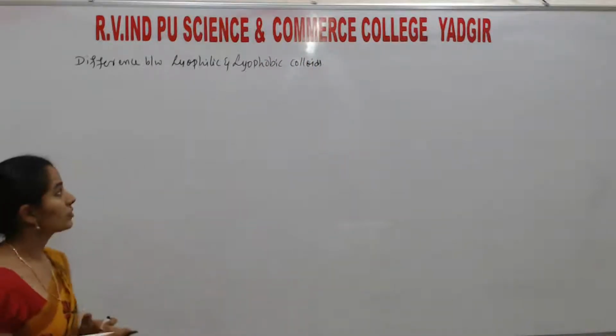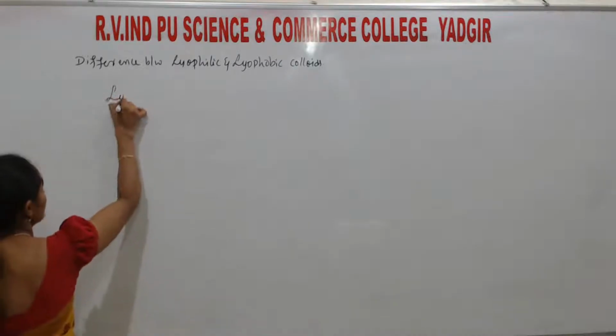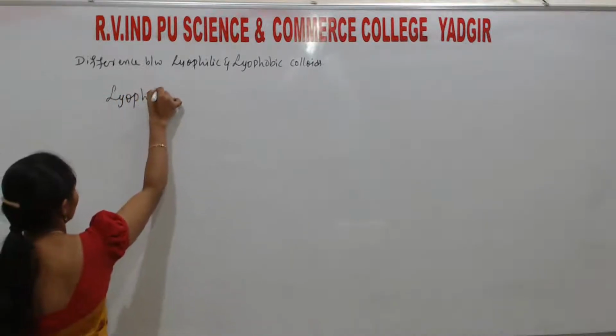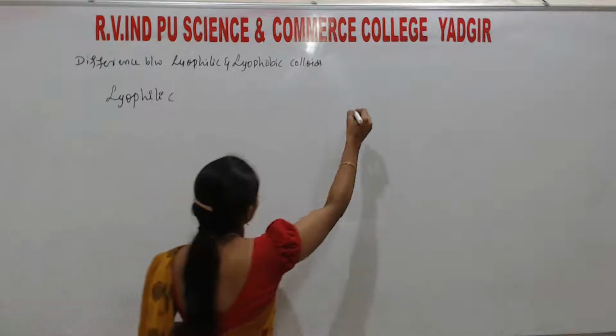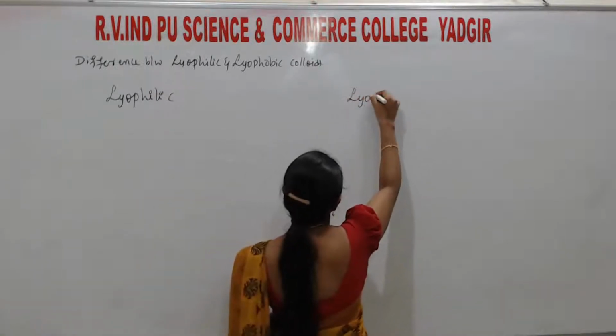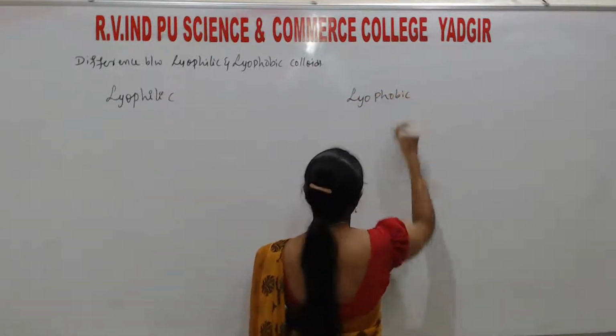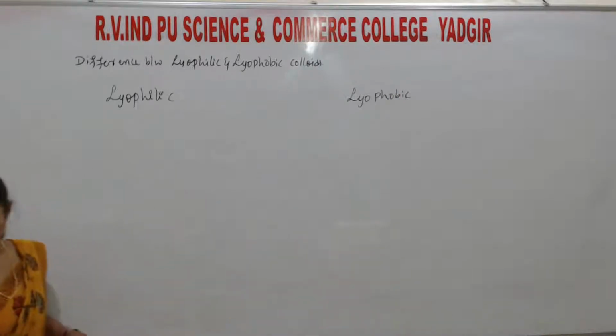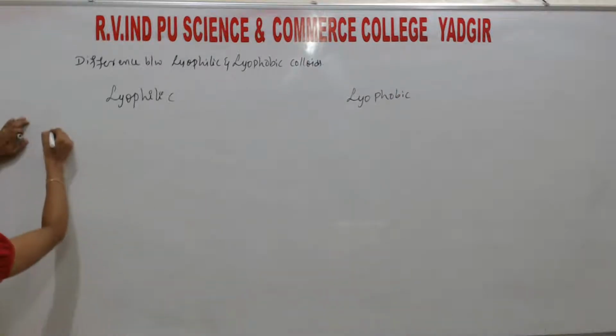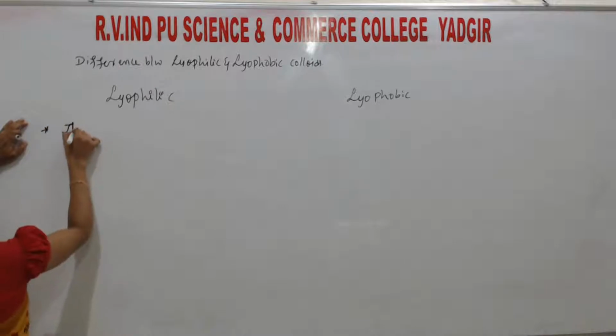Understand? So the first one is lyophilic, the second one is lyophobic. Okay? So students, the first one is affinity.